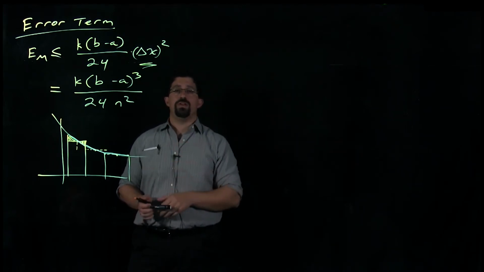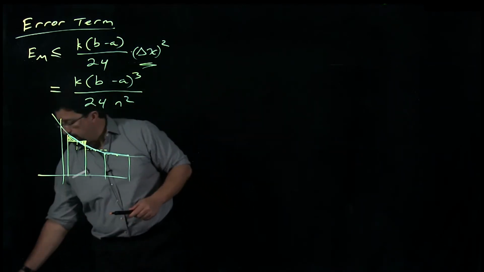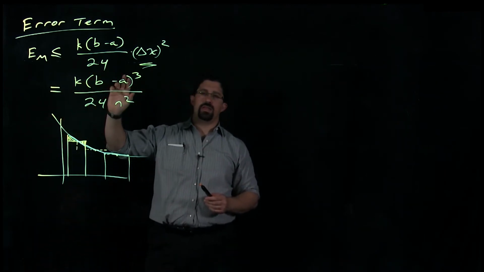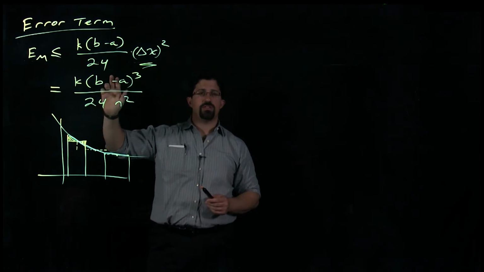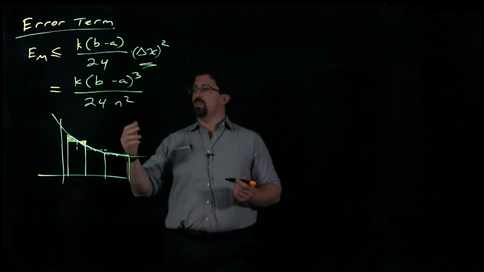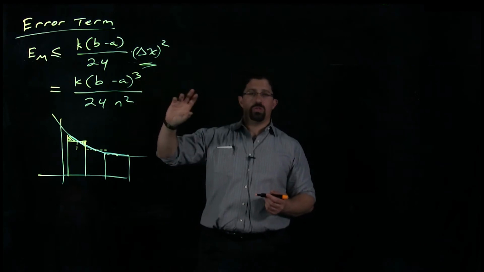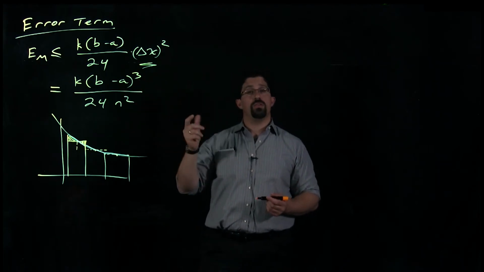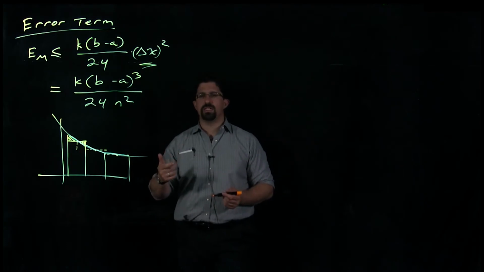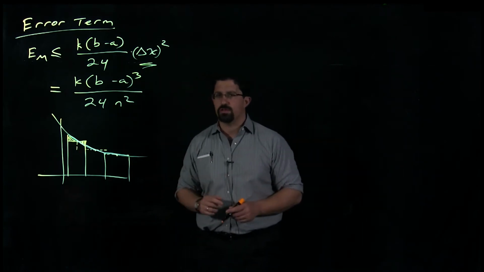And so we are overestimating the value. And so the error term in the midpoint estimate versus the trapezoidal estimate, they're related. One is about twice as large as the other, but they also have opposite signs. And that's part of what leads to the idea of Simpson's approximation.